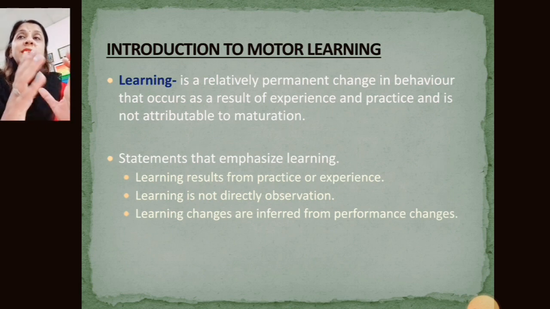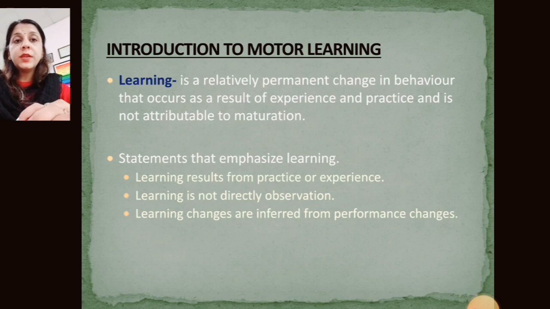So what, in detail, is motor learning? Motor learning is a permanent change in behavior that occurs as a result of practice and experience, not attributable to maturation. Learning results from practice, which is not directly observable, and learning changes are inferred from performance changes.